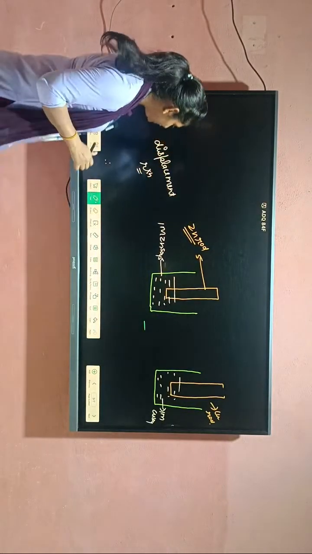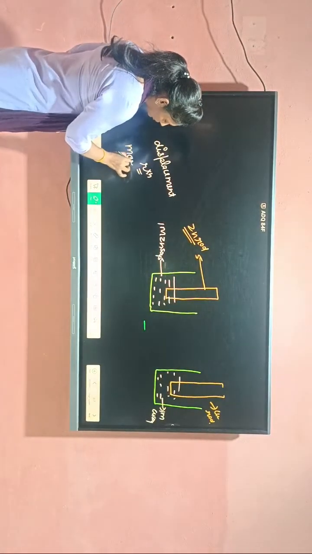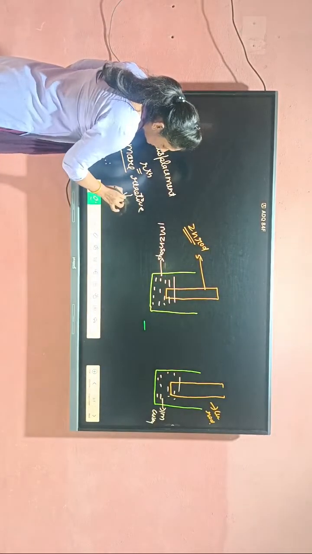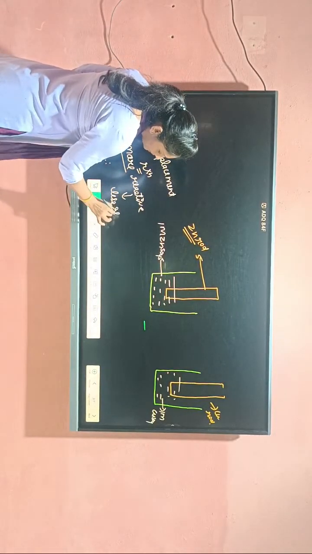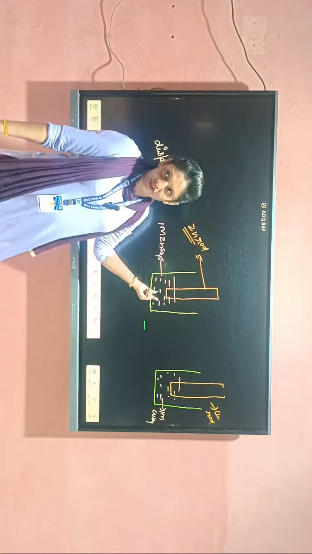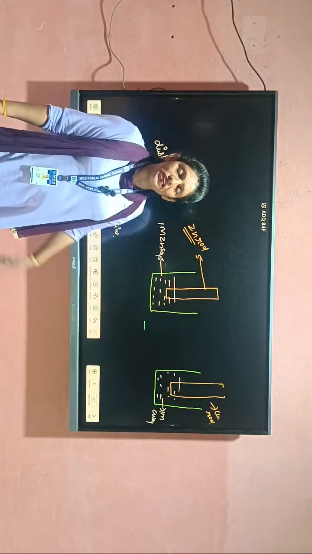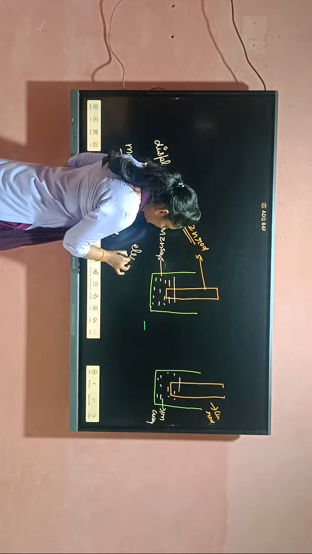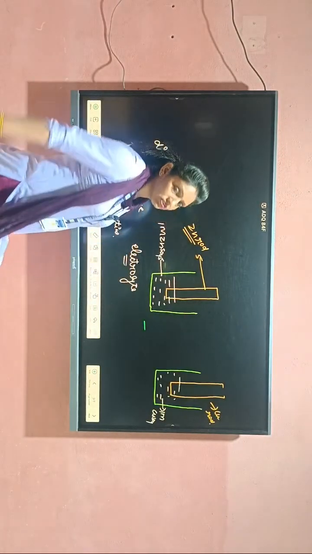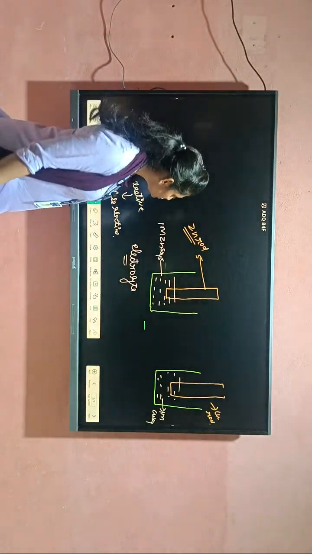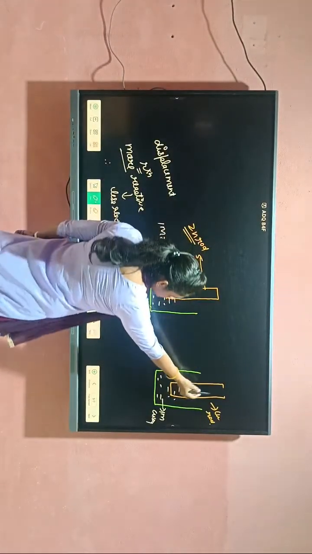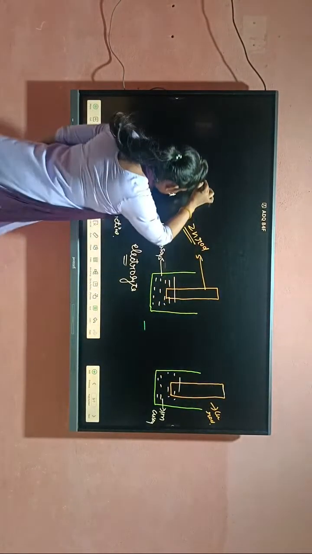Students, if I have zinc sulfate solution here, this solution is known as the electrolyte. Electrolyte means a conducting solution which can conduct electricity through it. And here the zinc rod, these metal rods, are known as the electrodes.